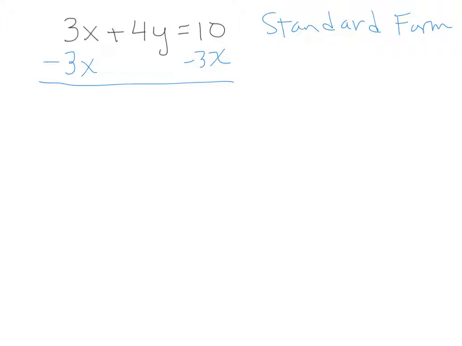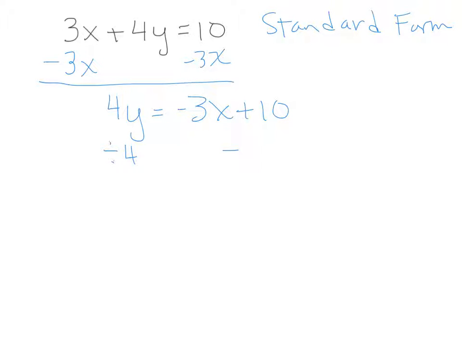So we're going to isolate the y term, and therefore what we've got with this transformation is 4y equals negative 3x plus 10, and I've written it in that order because we'd like it in y equals mx plus b format.